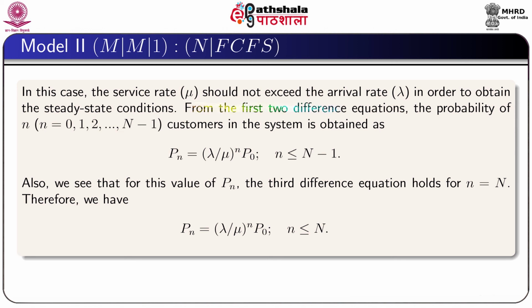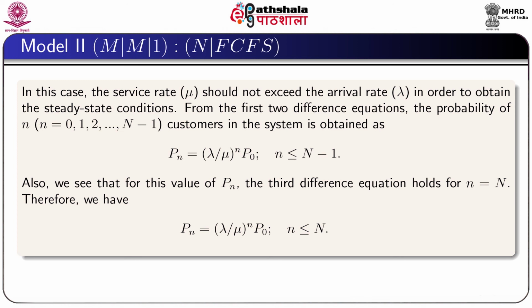From the first two difference equations, the probability of n customers in the system, where n can take the value 0, 1 up to capital N minus 1, can be obtained as P_n equal to (lambda by mu) to the power n into P_0, where n is less than or equal to capital N minus 1.